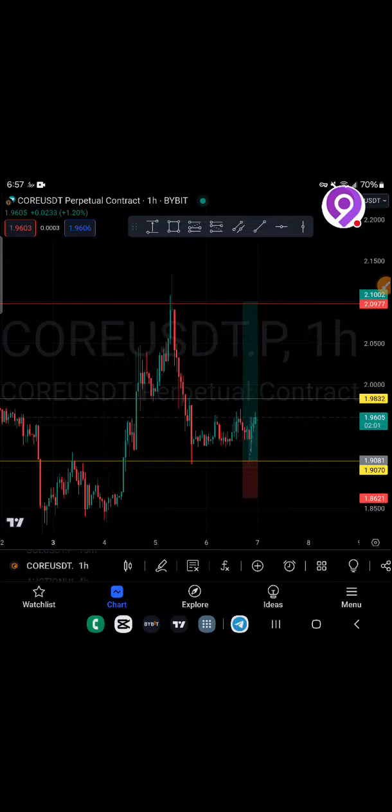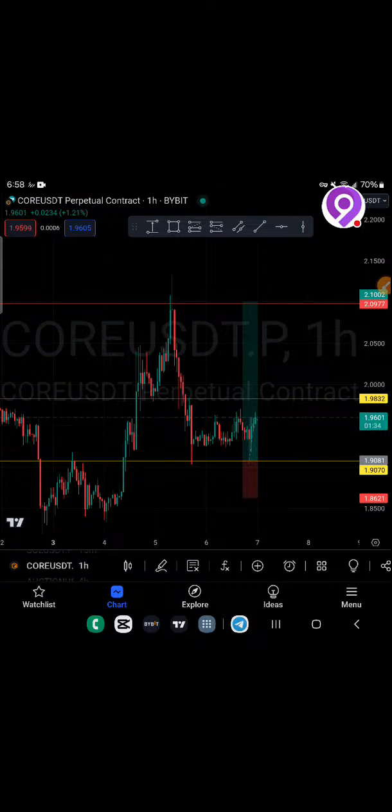So if on the 4 hours time frame one candle closes above 1.9832, then you can continue to hold all the way to 2.1. Okay, so for Call it's an uptrend.